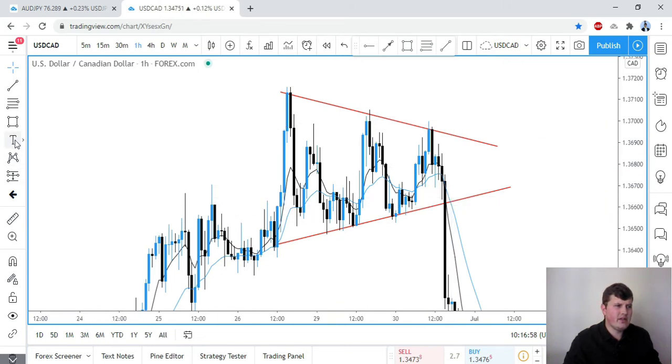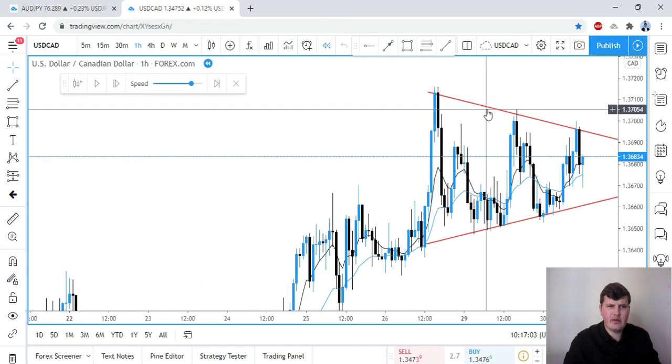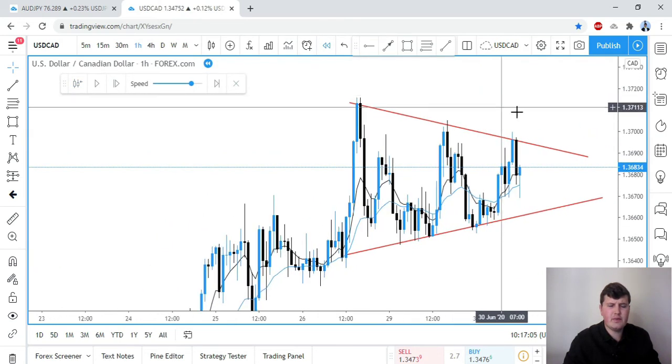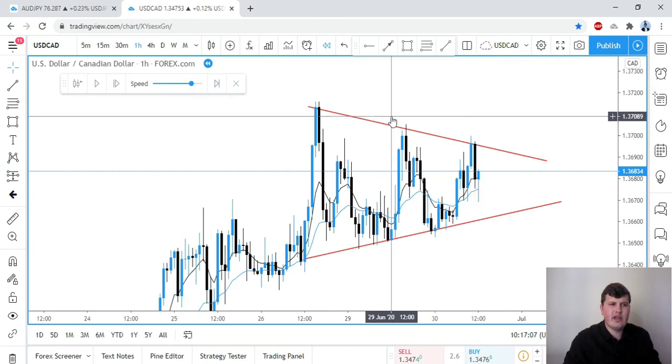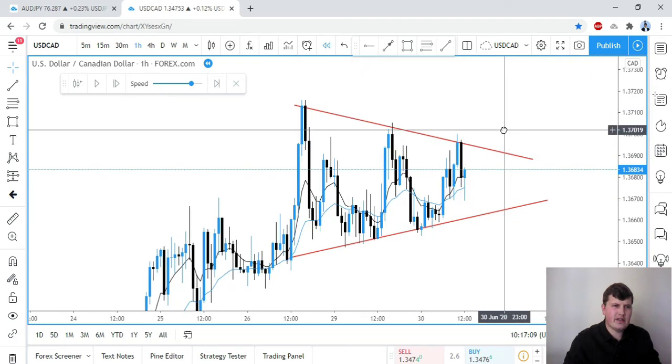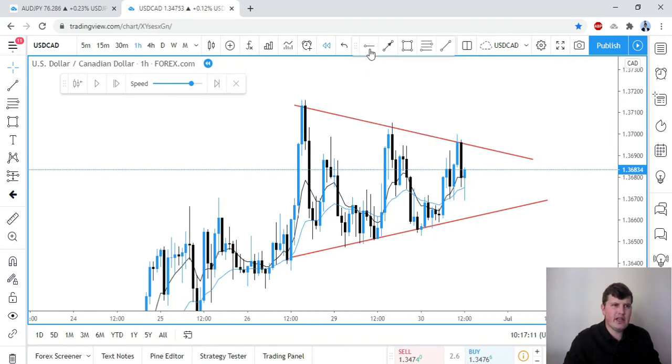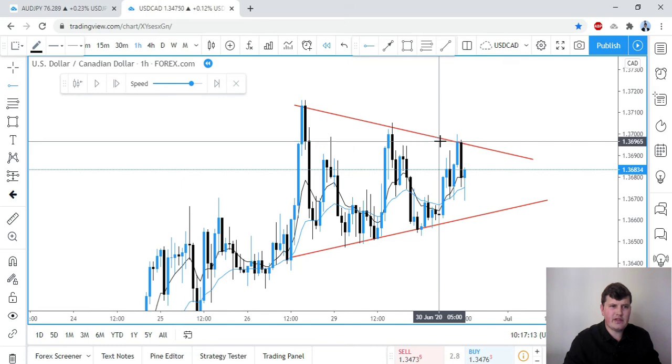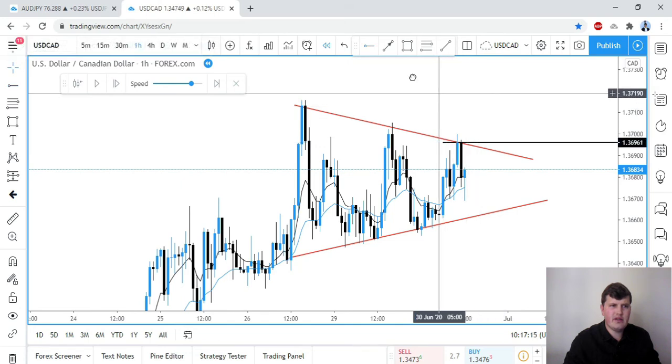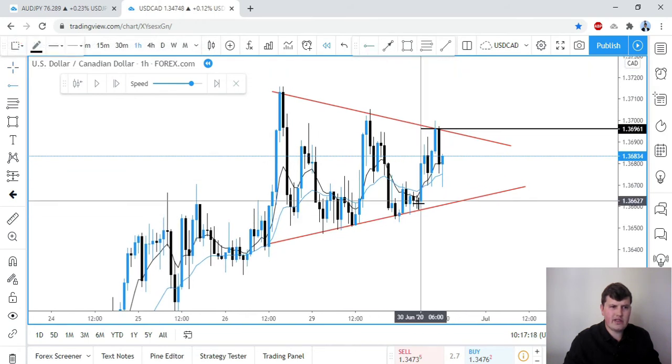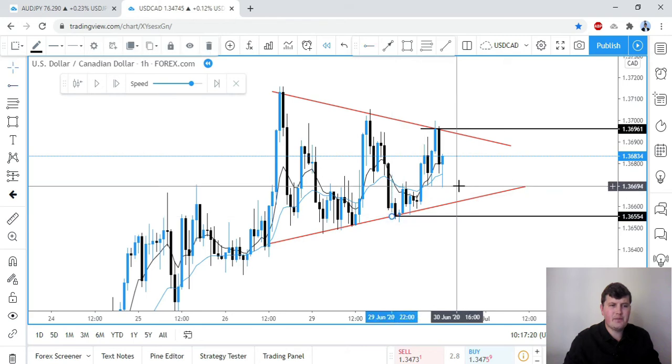And if we take it to this area, this is how you would have viewed it. Triangles can go in either direction, and good areas would have been if price closed above this area or price closed below this area.